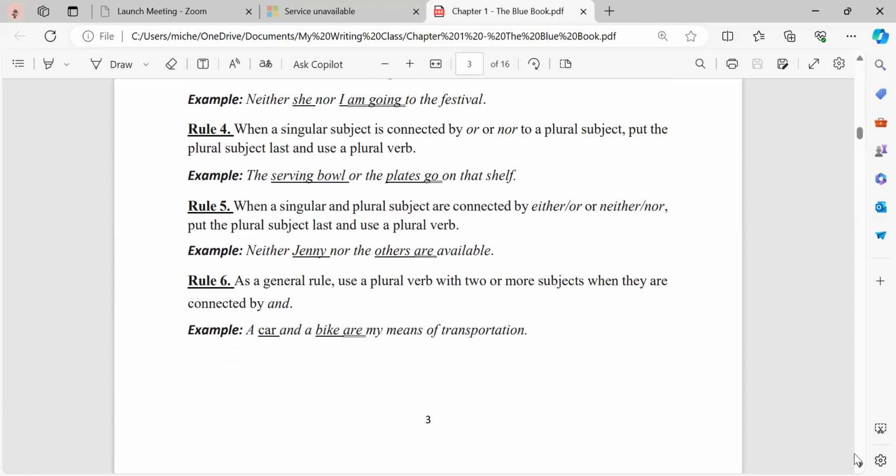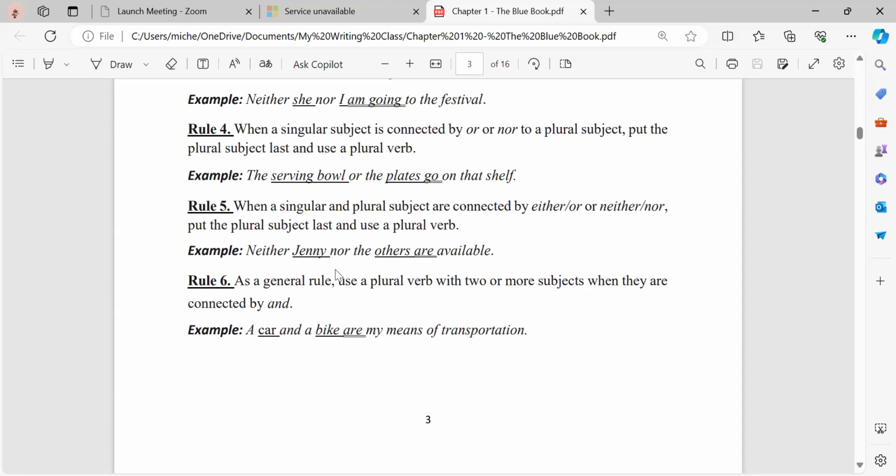So rule number 5: when a singular and plural subject are connected by either/or or neither/nor, put the plural subject last and use a plural verb. It's basically the same as rule number 4, with the exception that we added neither or either at the very front of the sentence. Neither Jenny nor the others are available.